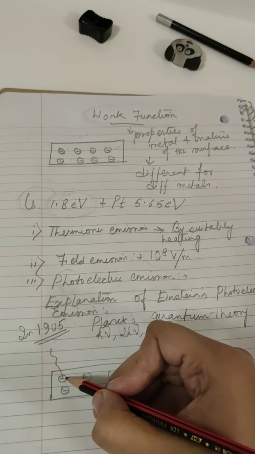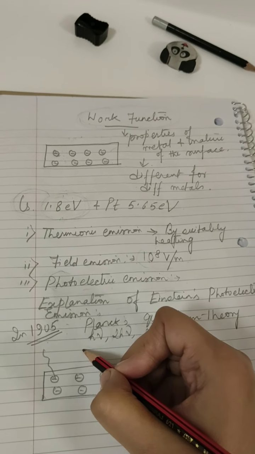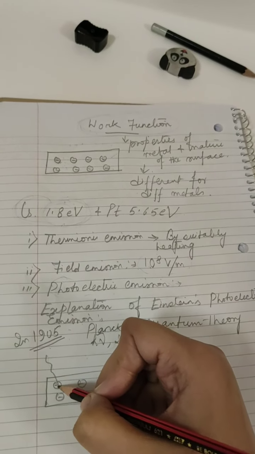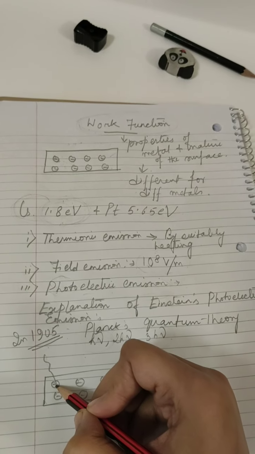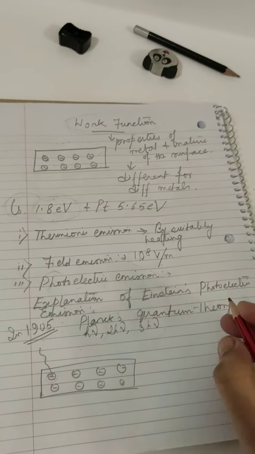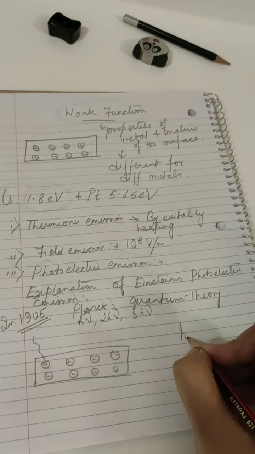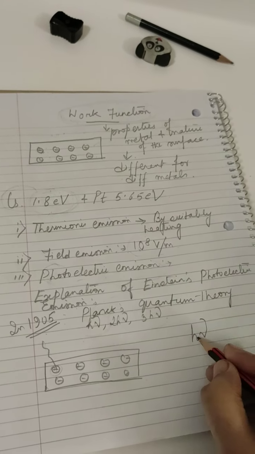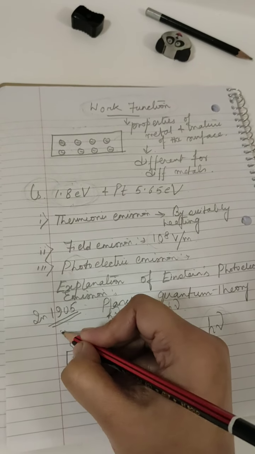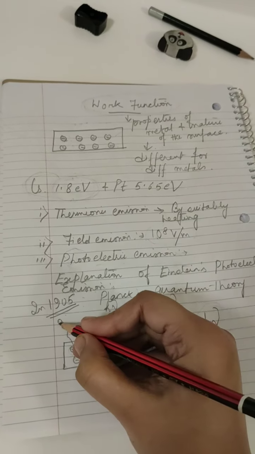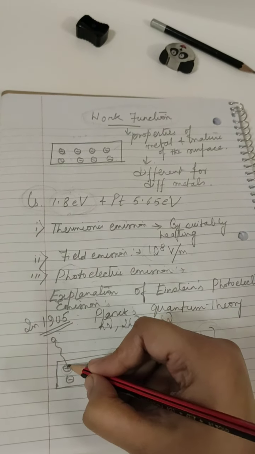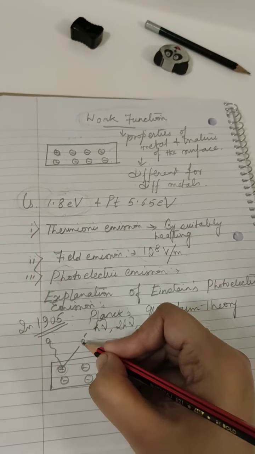So when a photon is striking an electron, it is giving the whole of its energy to the electron. How much is the energy of a photon? h nu. So the whole of the energy of the photon is given to the electron. This is the photon, say it is a particle, and the whole of its energy is given to the electron, and the electron is getting emitted.